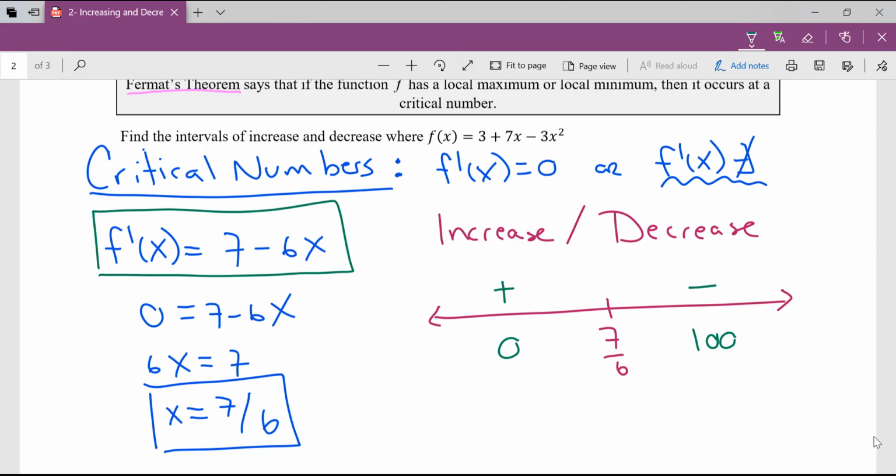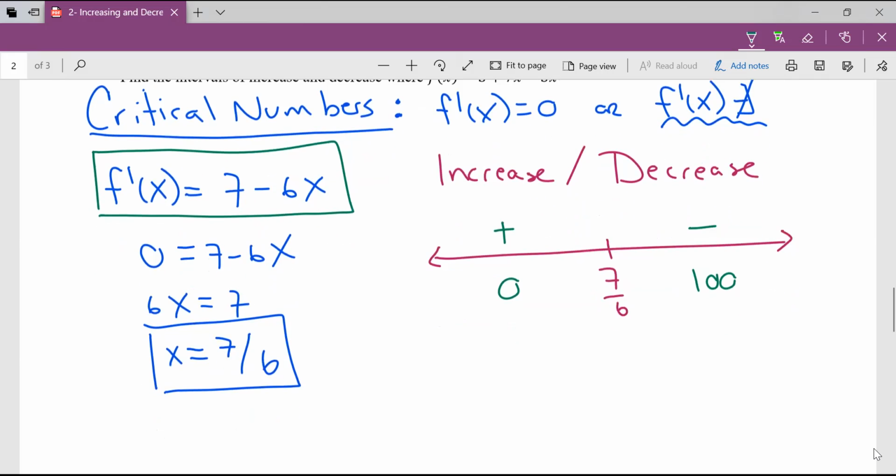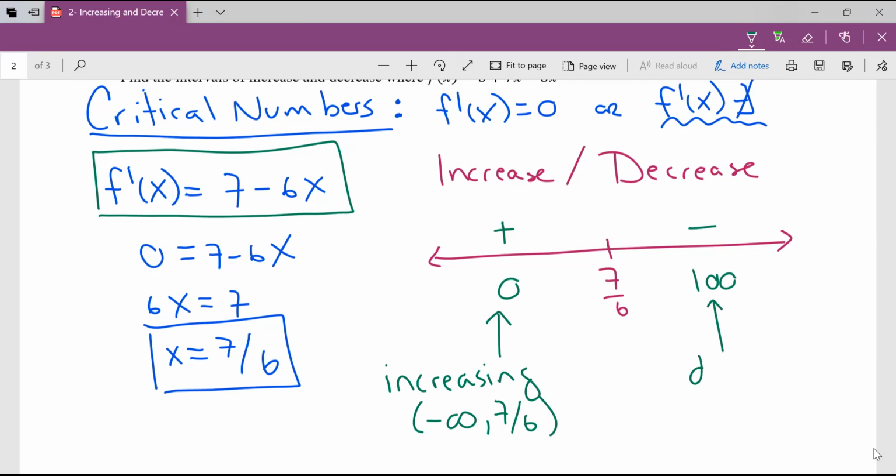That's negative. So what does this tell me? Look, we just changed going from increasing to decreasing. Right here on this region, I'm increasing because the slopes of my tangent lines are positive. I'm increasing from negative infinity to 7/6, and I do not include 7/6. Here, I'm decreasing.